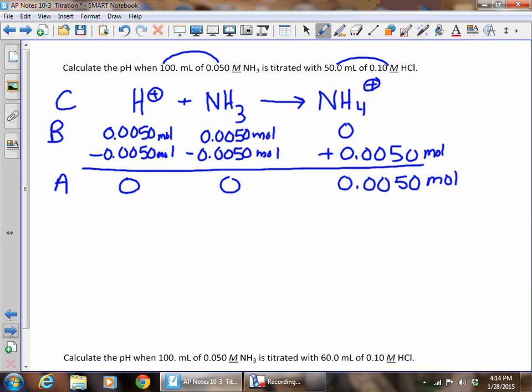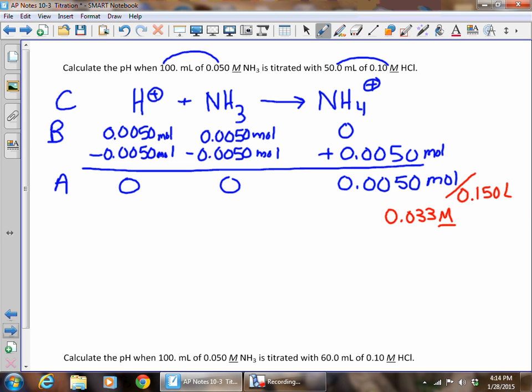Remember, we always change back to concentration, so we're going to divide this by total liters. We just did 100 milliliters plus 50 milliliters, so we've got 150 milliliters total, or 0.15 liters, which gives us a concentration of 0.033 molar for NH4 plus.